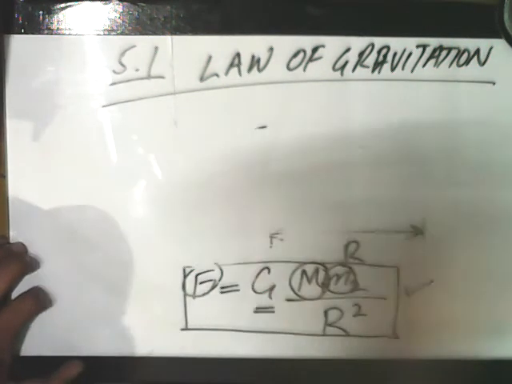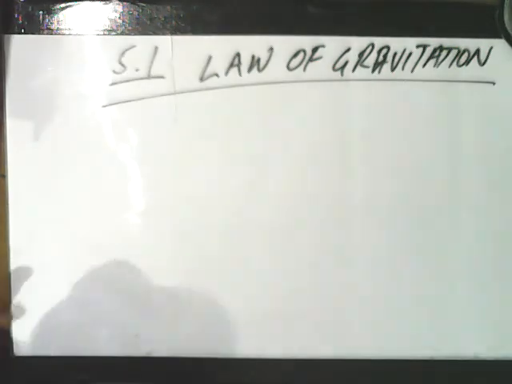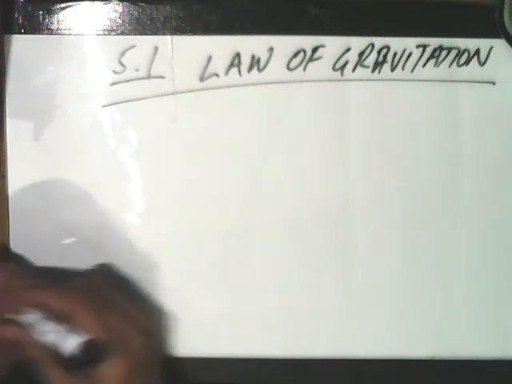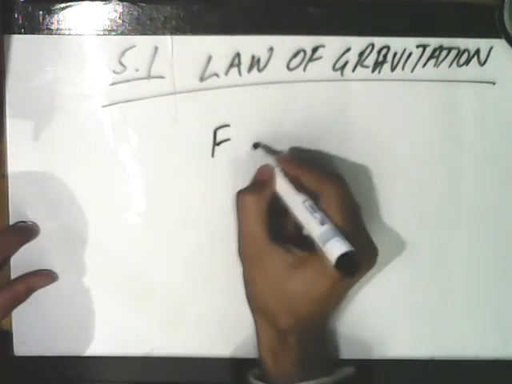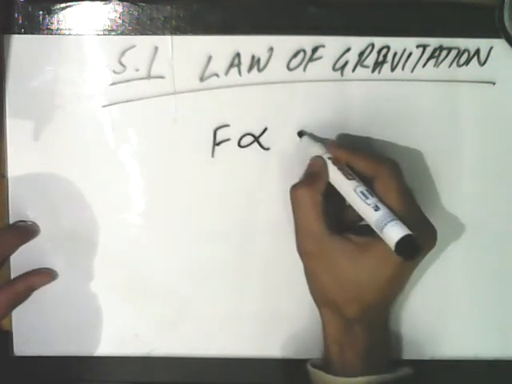So to sum it all up, we would say that every body in the universe attracts every other body in the universe, and the force is directly proportional to the product of the masses.